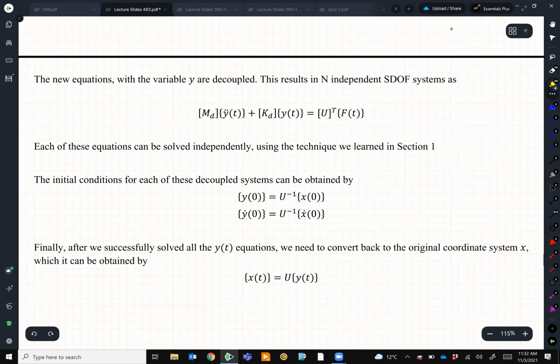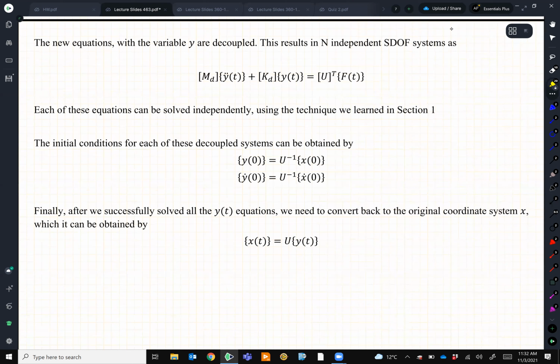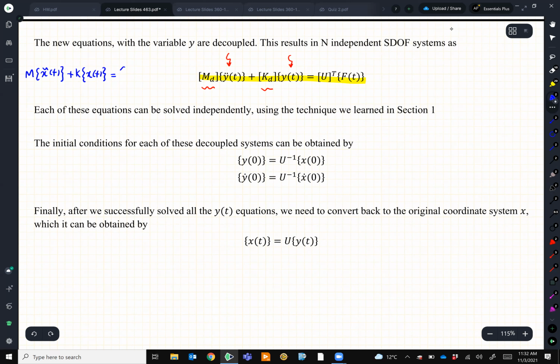Now let's put them all together. Your original system, which was a coupled system, will turn into a decoupled system because M_D is decoupled and K_D is decoupled. But remember your variables now are not x, they are y. It was our original system, M x double dot of t plus K x of t equals f of t, but our original system was coupled.